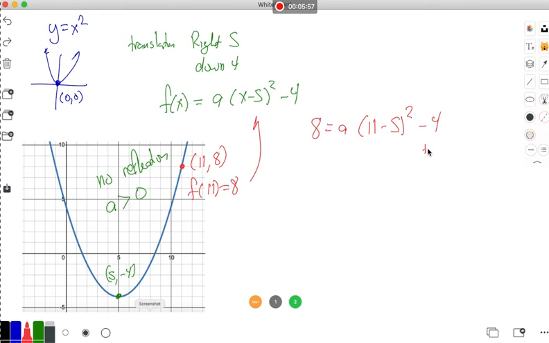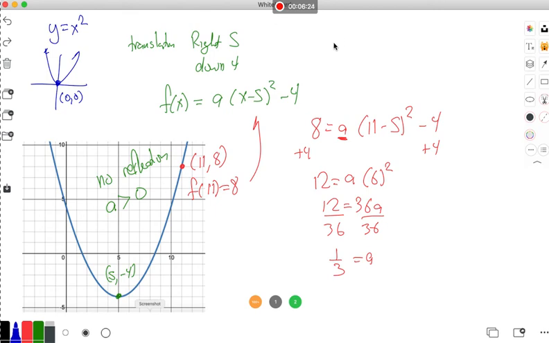Now we just work that out. We add 4 to this side, because again, we just have A to solve for. 12 equals A times 11 minus 5, which would be 6 squared. So 12 equals 36A. And we get A equals 1/3.